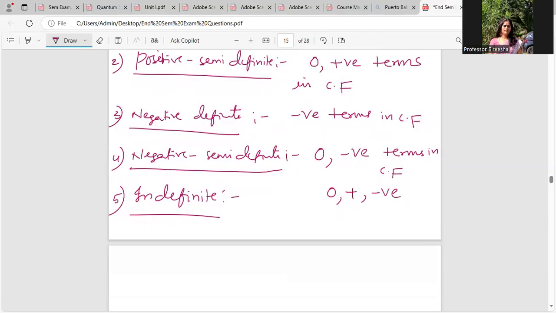Zeros are there, positives are there, negatives are there, or usually positive and negative both are there. Then in such a case, you will call the canonical form to be indefinite. Okay? Please do remember these things. Definitely they are going to fetch you 1 or 2 marks for the exam. Okay? I shall do a problem in the next video.